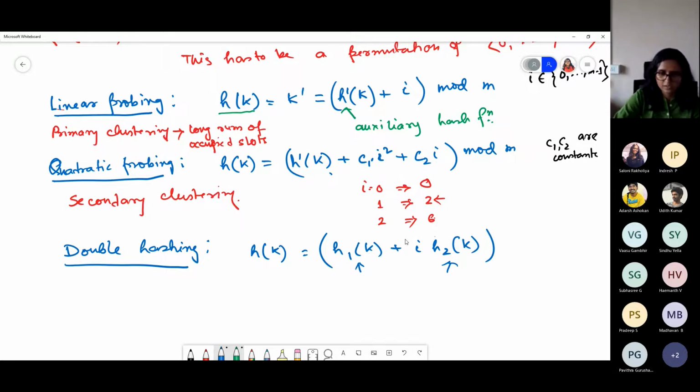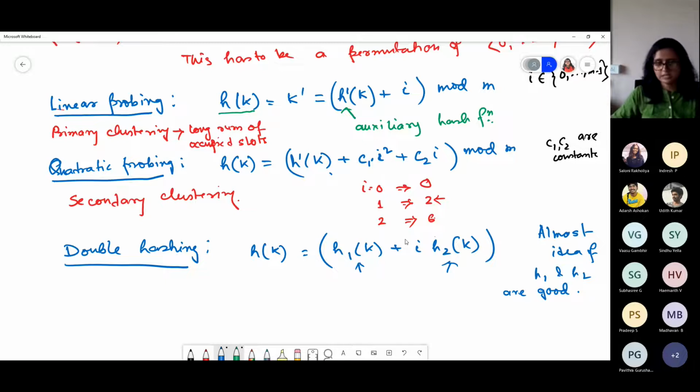So this double hashing is almost ideal if h1 and h2 are chosen properly. Okay, another hash function is there. So double hashing, quadratic probing, linear probing, all these are only for open addressing.